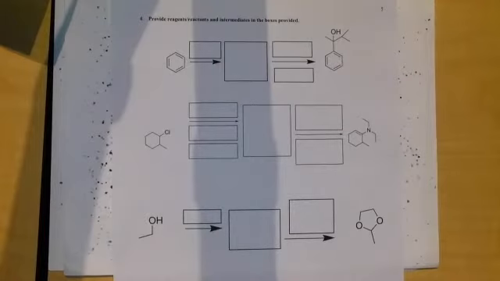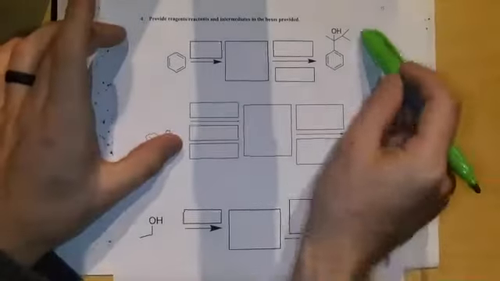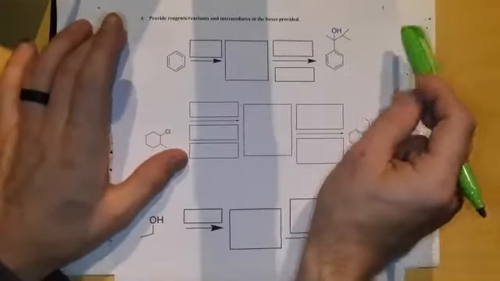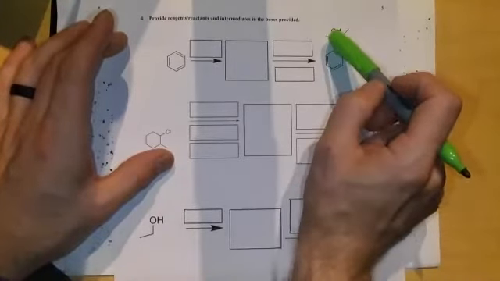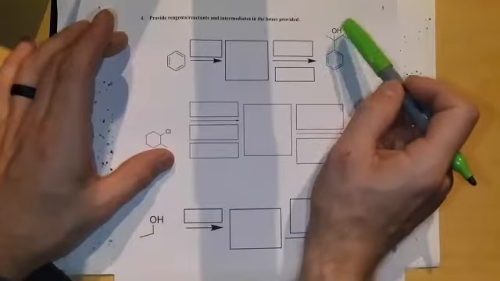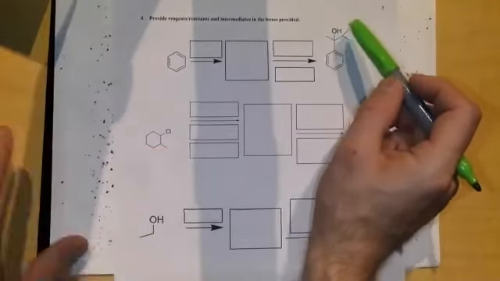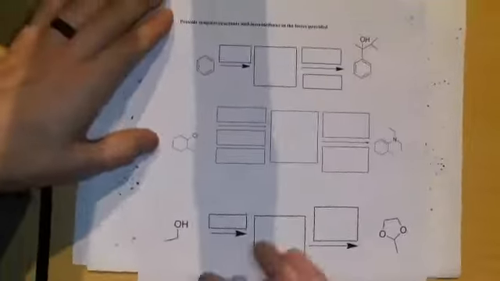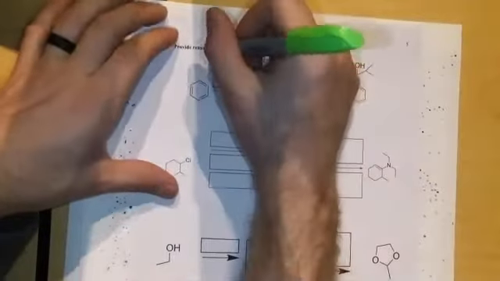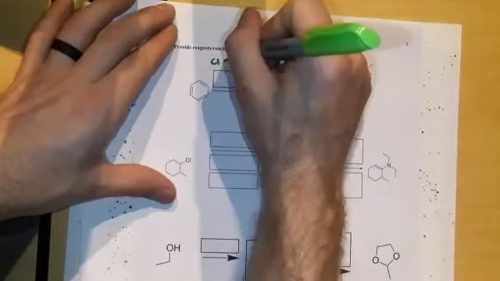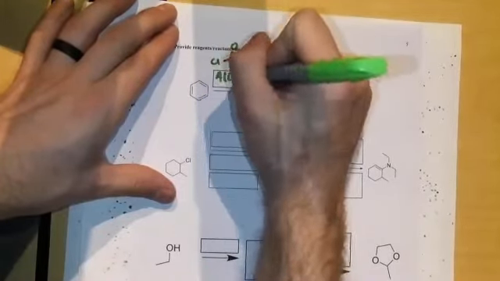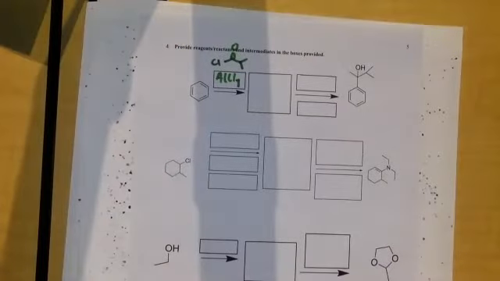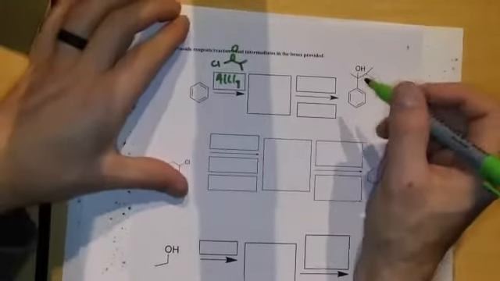So for this first one here, I need to add some sort of alkyl group. There's 2 different ways you could do this. You could either have the methyl through a Grignard or the isopropyl through a Grignard. I'm going to do it with a methyl through a Grignard. So if I add in chlorine, AlCl3, I didn't really give myself enough room in that box there, but I'm writing in Sharpie, so it's a little bigger.